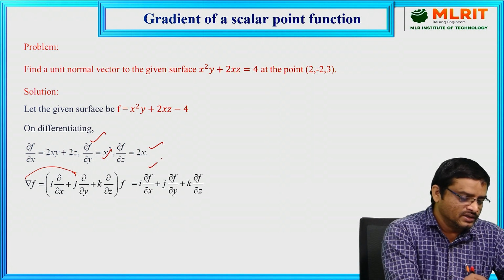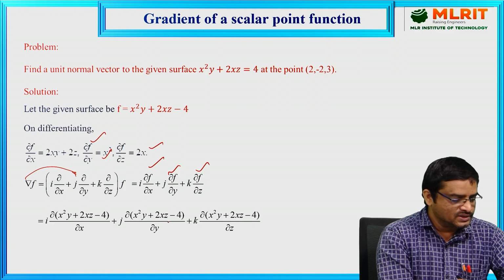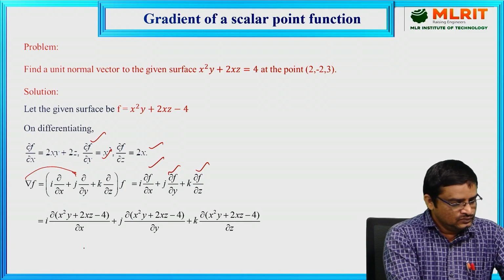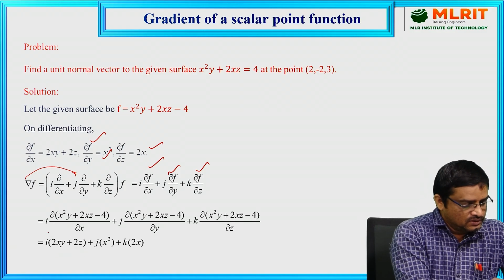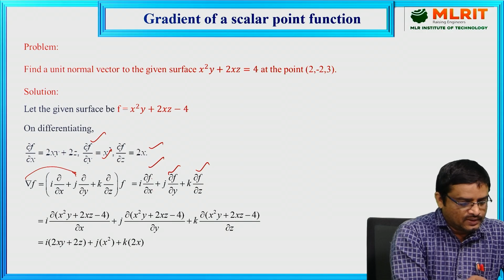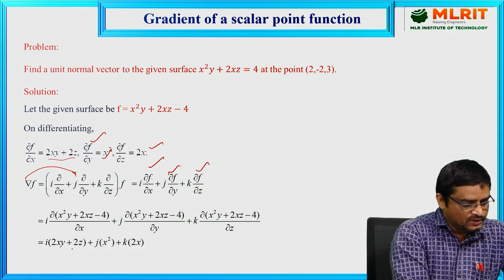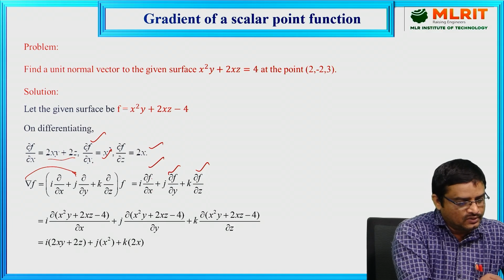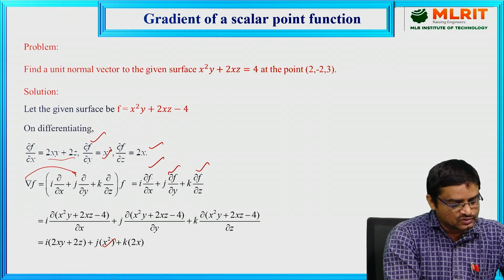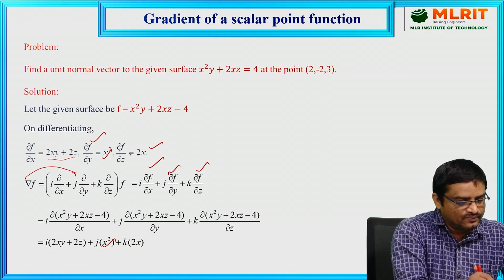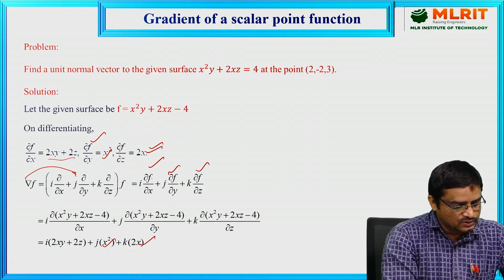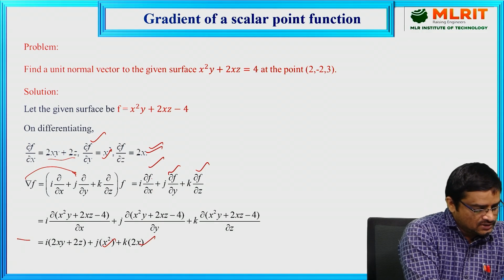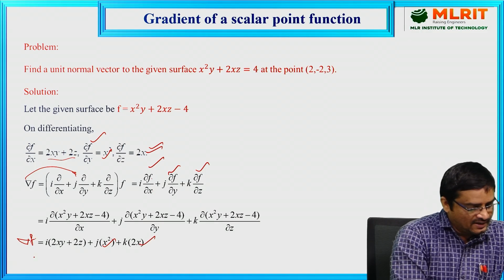Now we already got these values, so replace them here. In place of dou f by dou x, we take 2xy plus 2z, in place of dou f by dou y, we replace with x square, and in place of dou f by dou z, we got 2x. So this is the value of del f.